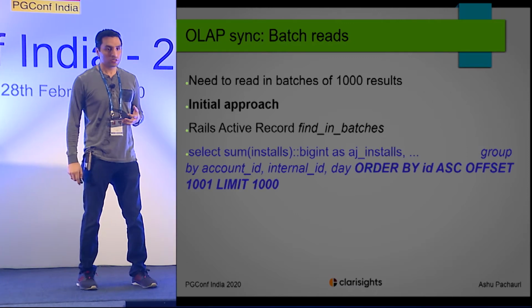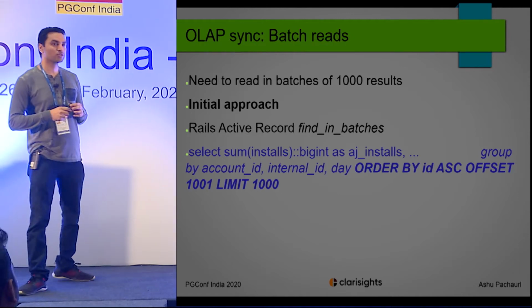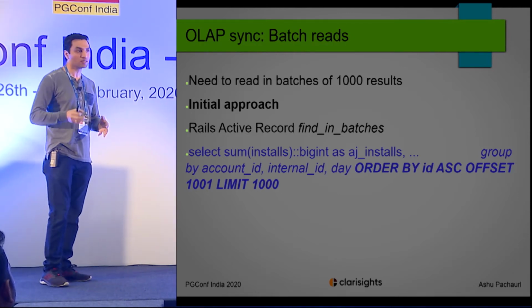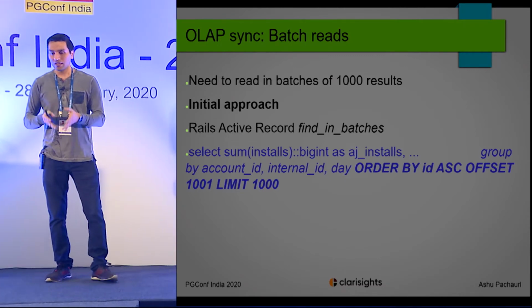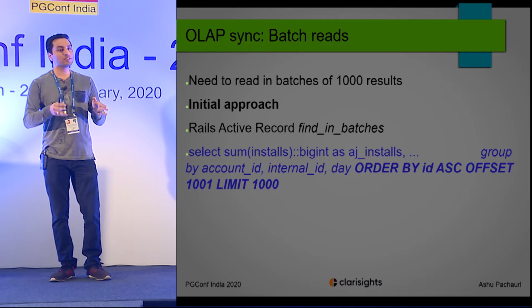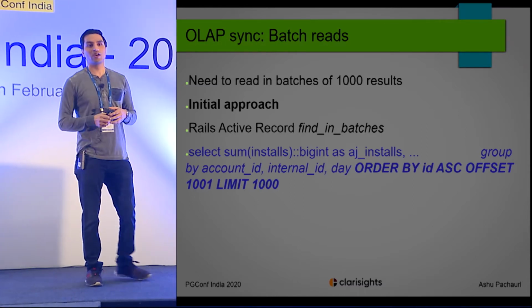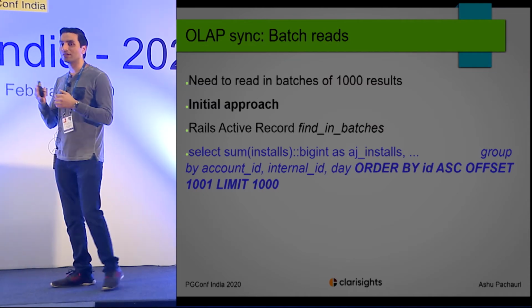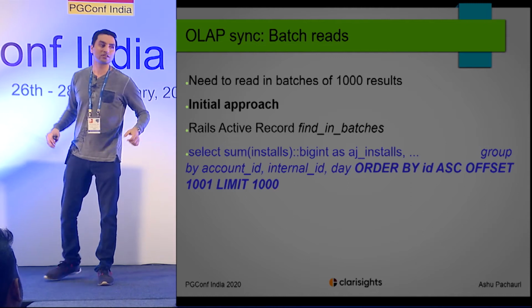So the initial approach was, we'll just use something called find_in_batches that is there in Rails. You don't need to know how it works, but the idea is that it changes the query thrown to Postgres in a very specific way. It adds an order by on the primary key, and if you are iterating in batches of 1000, it will add limit 1000, offset 1000, limit 1000, offset 2000, limit 1000, offset 3000.